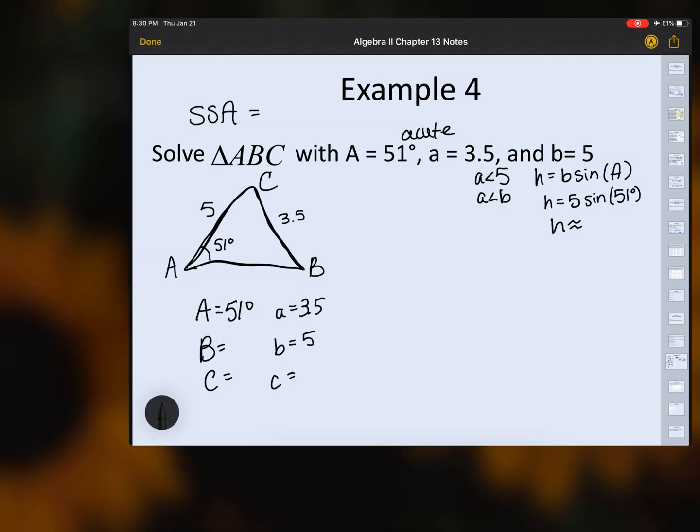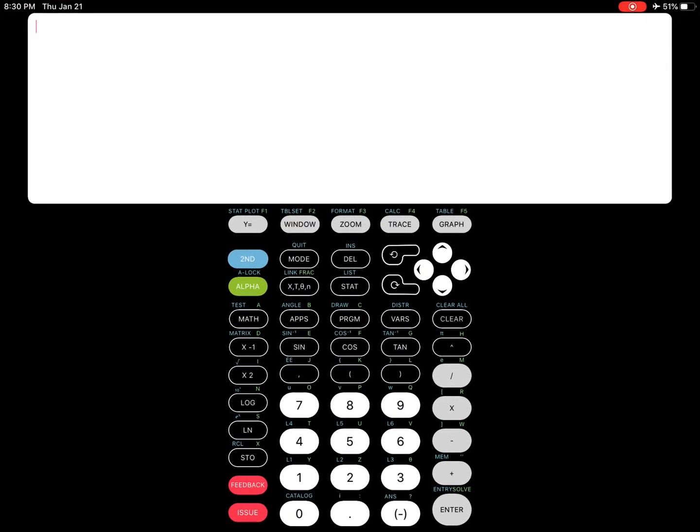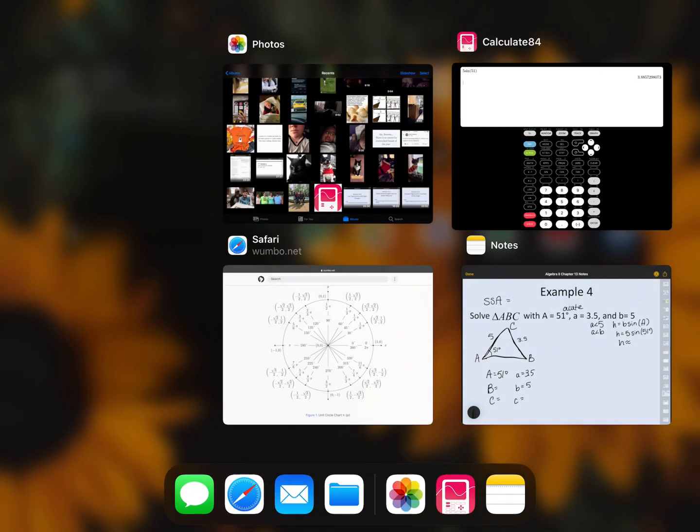So if we put that in the calculator, 5 sine 51, that's about 3.9.